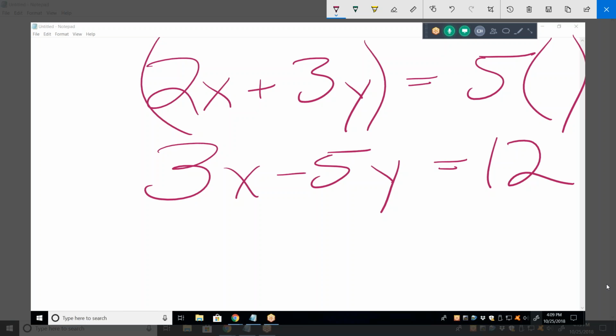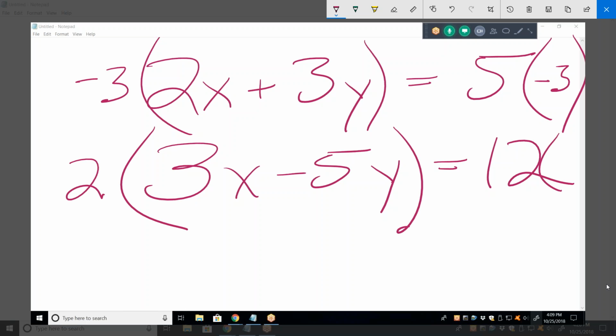But don't forget this option you have of being able to multiply both sides of the equation by something. Well, what if I multiply the top by negative 3, and I multiply the bottom by plus 2? Call that equation 1, that equation 2.